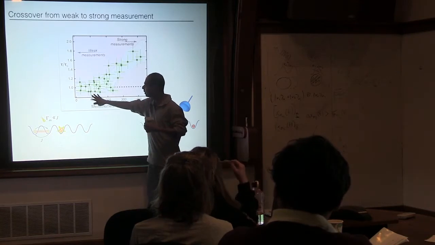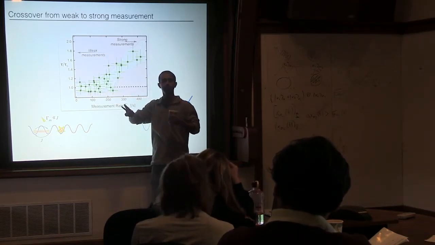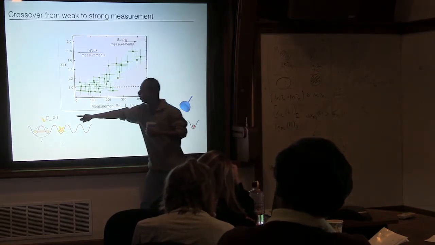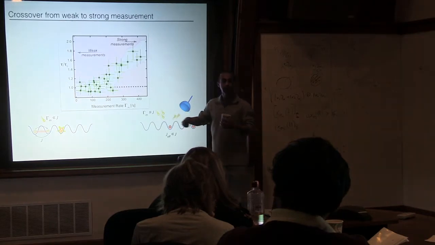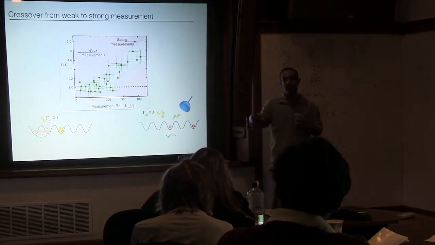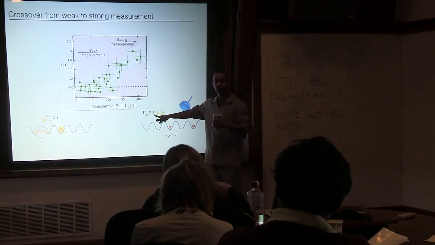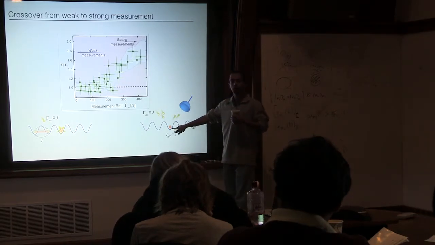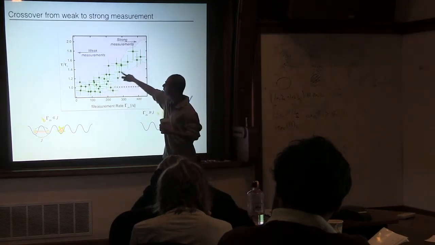We observe the system, nothing happens. But at some point we go from this regime to this regime, where the rate at which we are measuring the system and thereby localizing it is larger than the coherent rate. Then we are localizing the atom repeatedly, and so the lifetime starts going up.